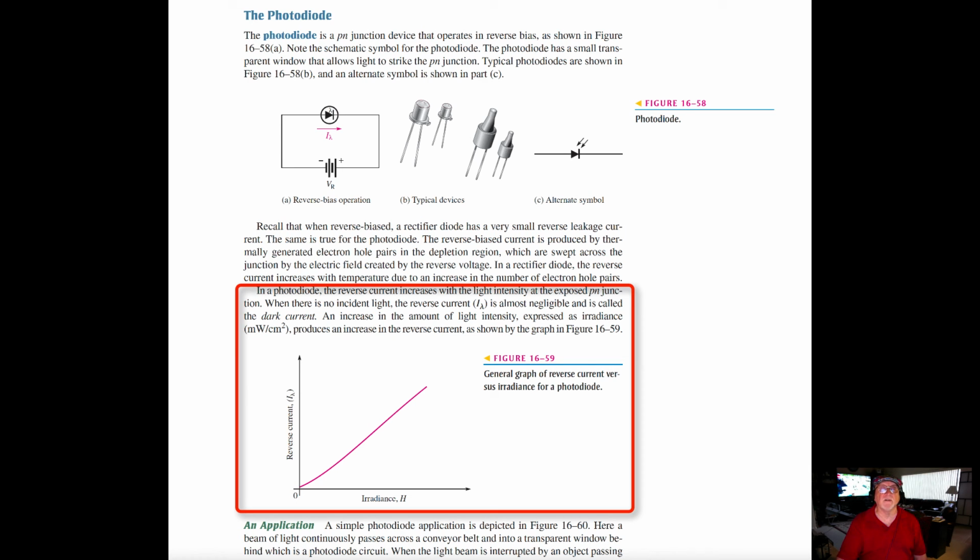In a photodiode, the reverse current increases with the light intensity at the exposed PN junction. When there is no incident light, the reverse current, I lambda, is almost negligible and is called dark current. An increase in the amount of light intensity, expressed as irradiance in mW per centimeter squared, produces an increase in the reverse current. And so we can see the graph here of what's going on.